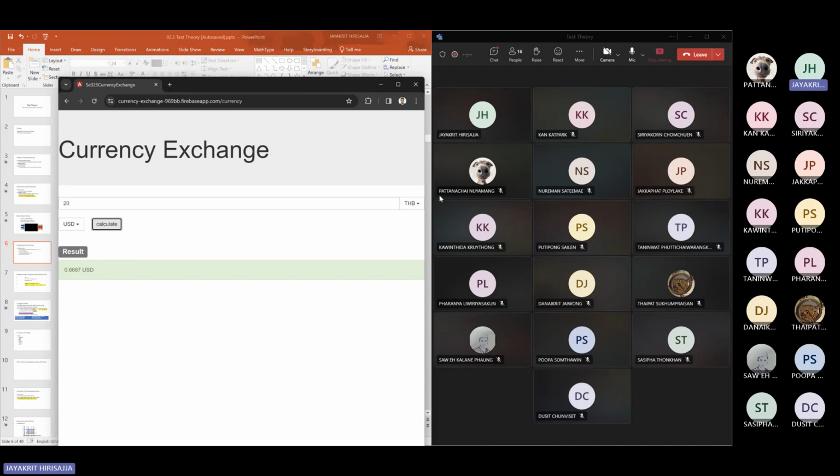And if we change this type and we calculate, how many equivalent classes should we use for testing in this example? How many? Can you guess?